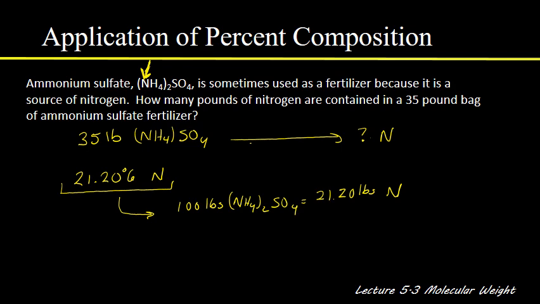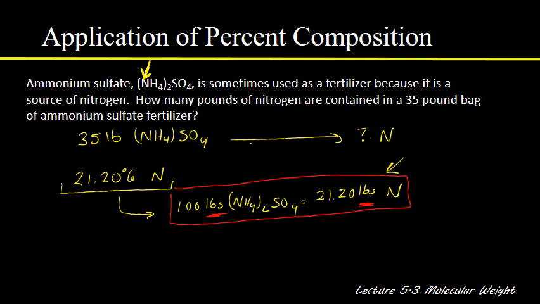Or grams or tons or whatever you want, as long as this unit and this unit are the same, then this is a valid statement. And if that's a valid statement, then you can use that to write a conversion factor, just by putting one over the other, depending on which way you want the math to work out. So we can use this as a conversion factor to go from pounds of ammonium sulfate to pounds of nitrogen if we put the nitrogen on the top and the ammonium sulfate on the bottom.